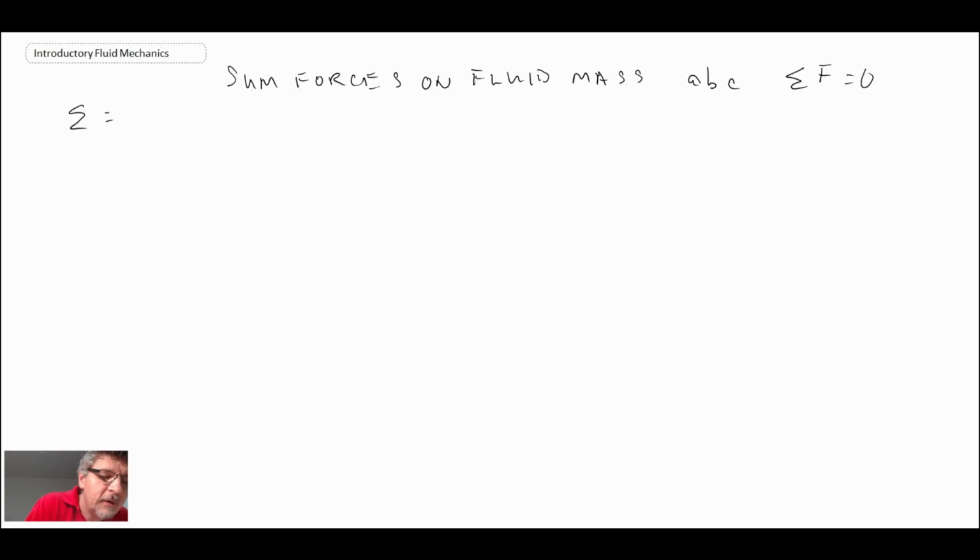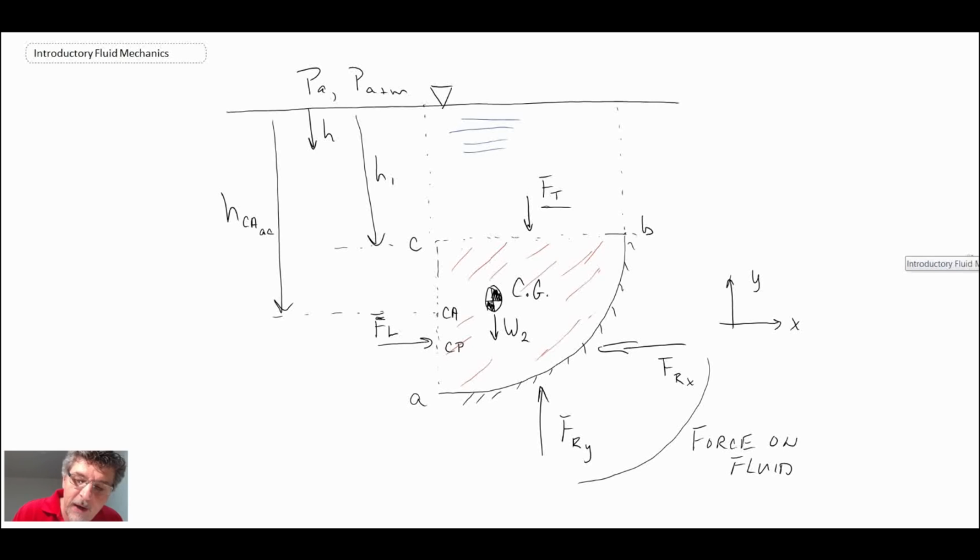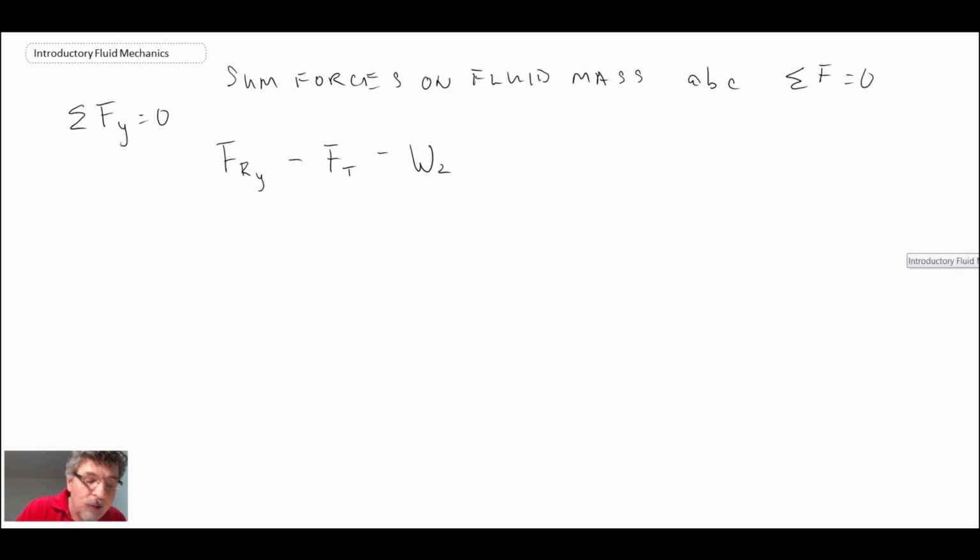So we'll begin by summing forces in the y direction. Looking back at our schematic, in the y direction, what do we have? We have this force, we have the weight, and we have Fry. And those all equal 0.